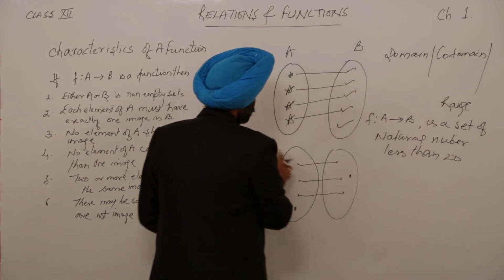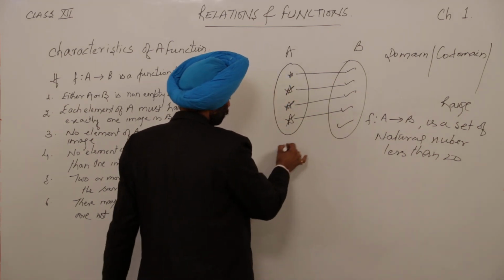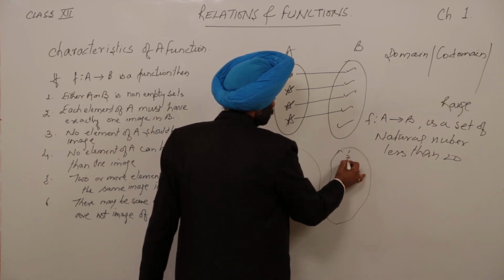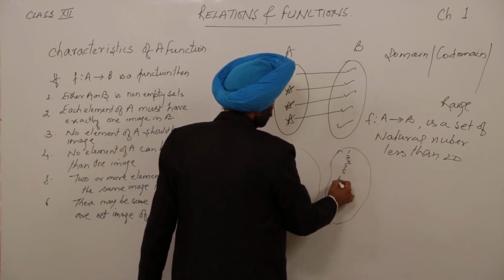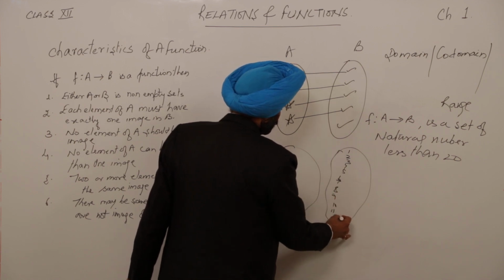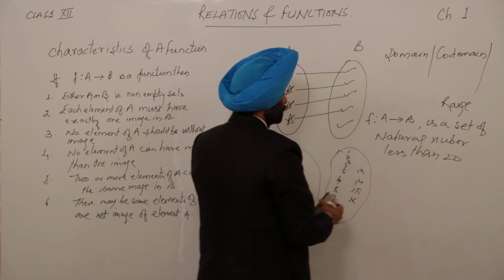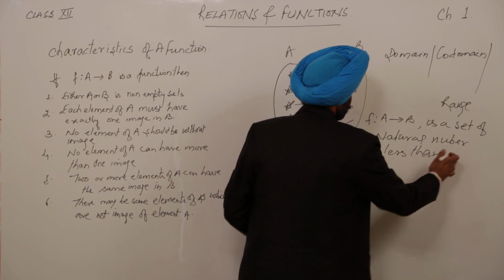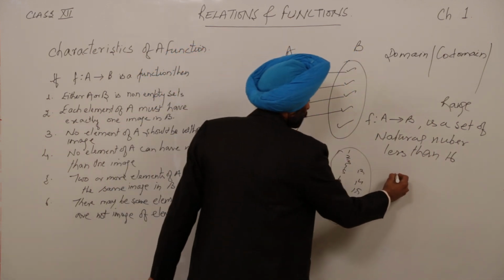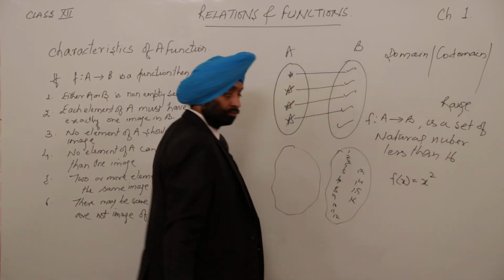Now I have written here 1, 2, 3, 4, 5, 6, 7, 8, 9, 10, 11, 12, 13, 14, 15, 16. Let it be less than 16. Now what does our question say? Our question says that we should get f(x) is equal to x square.